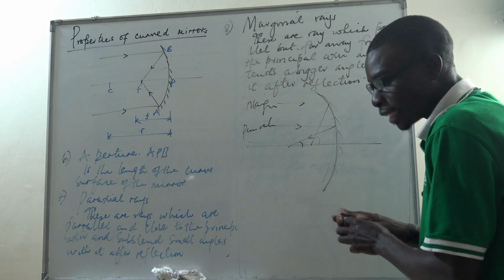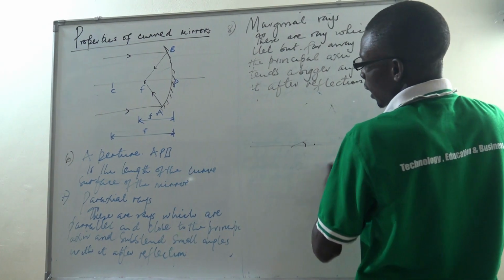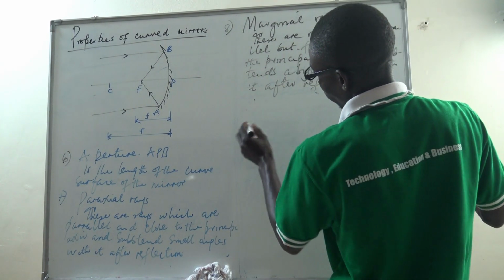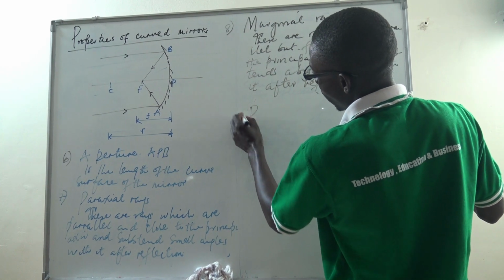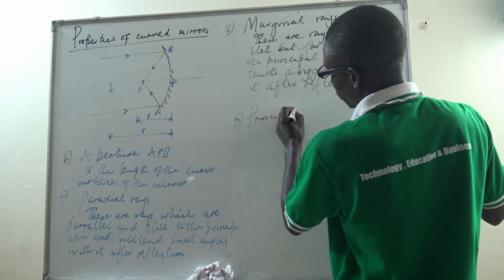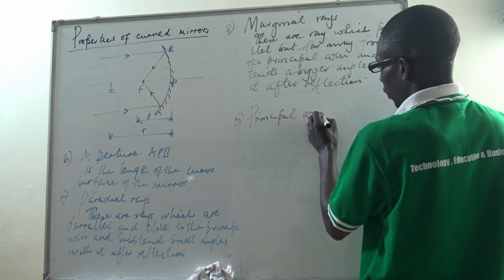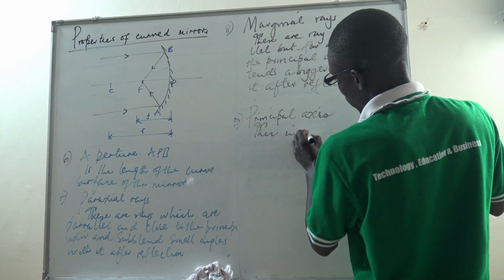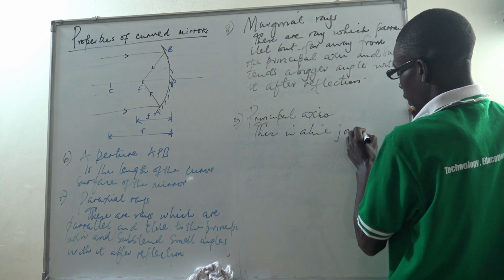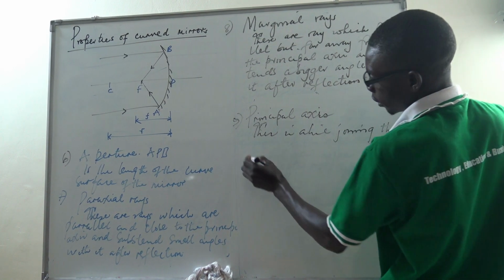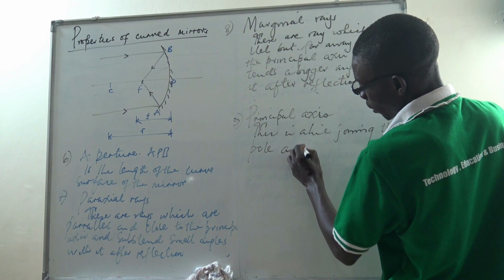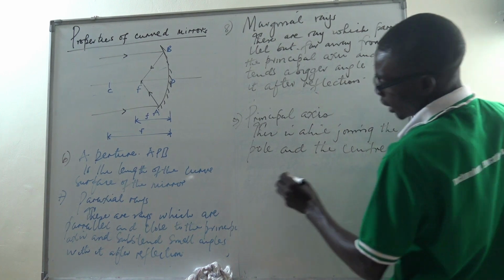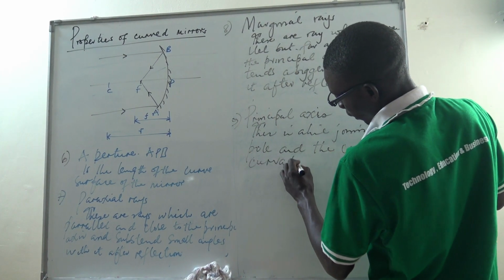So lastly, let's look at what we are calling the principal axis. That is number 9. Principal axis. You can say this is a line joining the pole and the center of curvature.